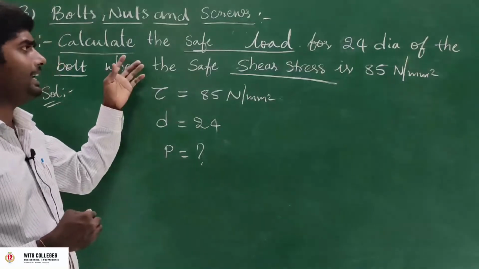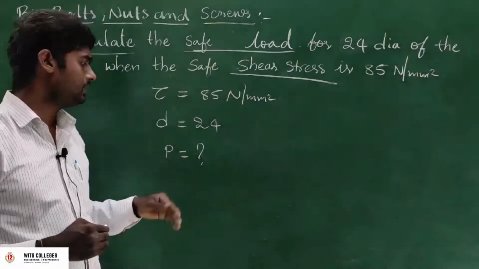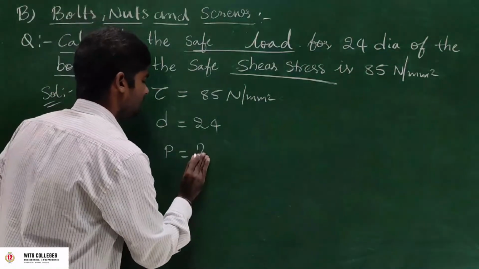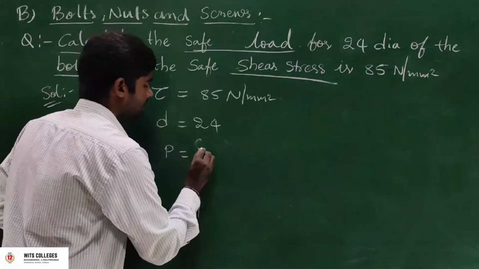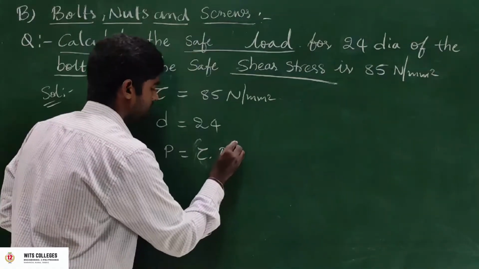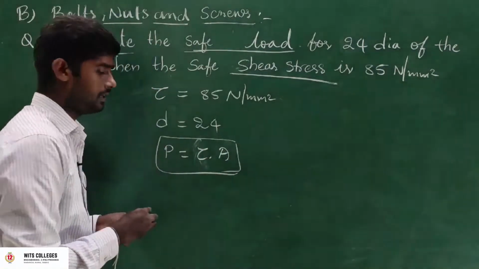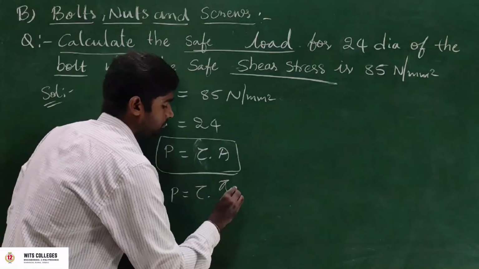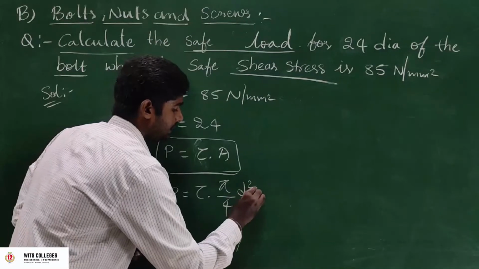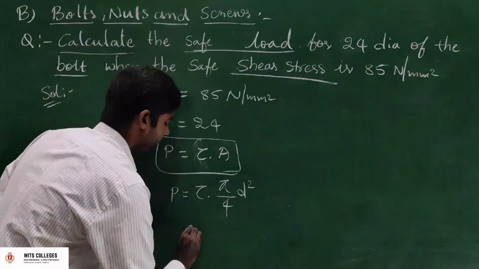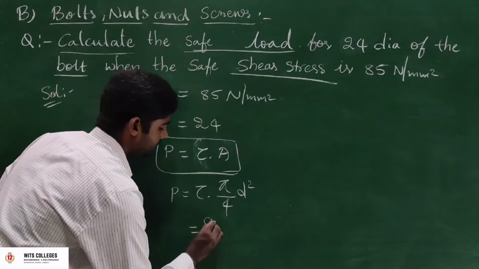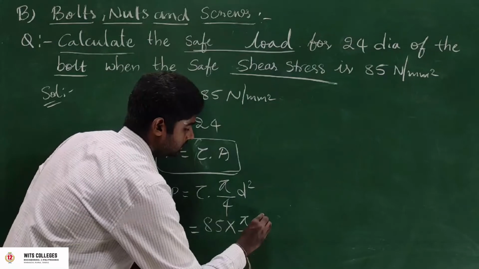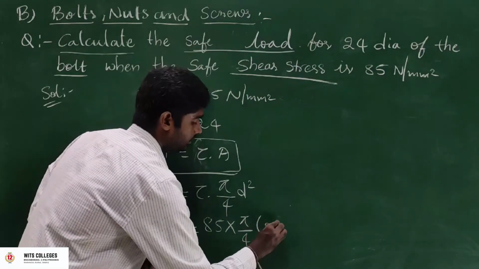In direct shearing of the bolt, the load is equal to tau into A. Using this formula, P is equal to tau into pi by 4 d square. Tau is equal to 85 into pi by 4 into d is equal to 24 square.